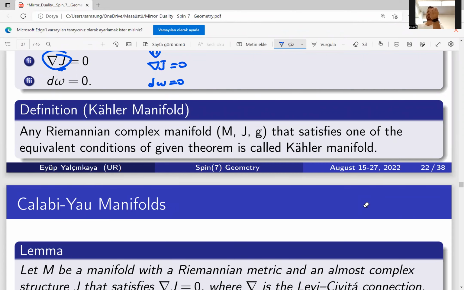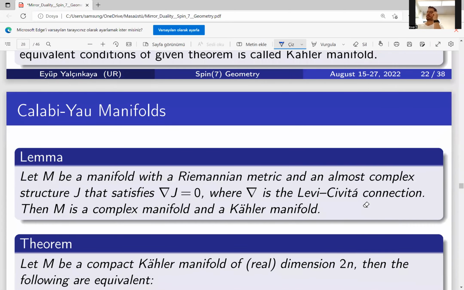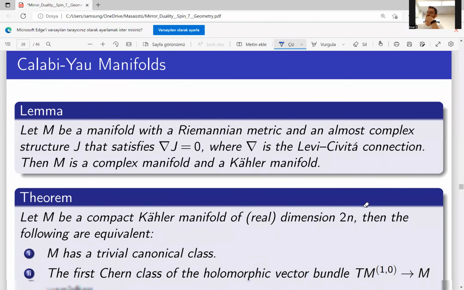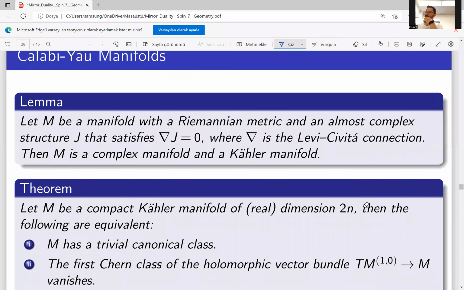Okay, so to notice that the Kähler manifold is the complex structure, but with an extra condition. The Calabi-Yau manifold is again an extra condition on the Kähler manifold. If you have again the previous lemma, the parallel structure of J, and if your manifold is complex, then directly it is the Kähler manifold we talked about before.